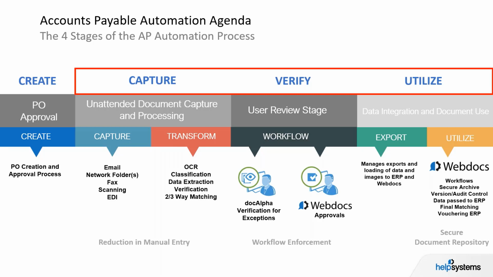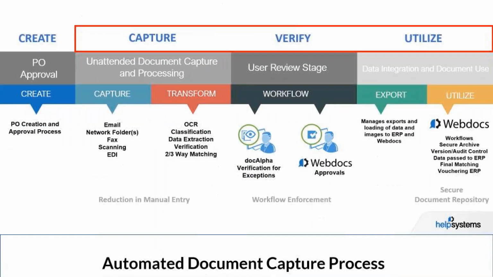And then we'll be talking and showing in the live demonstration on how the verification for workflows works for exception documents that come through the process, but also the approval process from users that might need to touch those documents during that stage. Then we'll touch on the export processes, and then we'll also touch on the utilization and how users get to those documents either via workflow or the secure document repository on the back end.